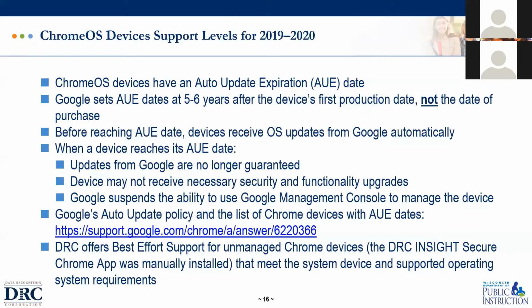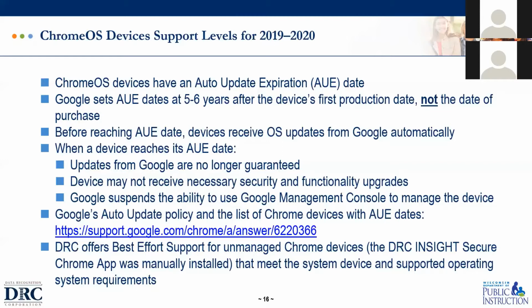We do want you to know that if your device may have reached the auto update expiration date, if it still supports Chrome 74 or higher, we will give best effort support for it, meaning we'll continue to support it, but understanding that this will not be generally managed through the Chrome Management Console.